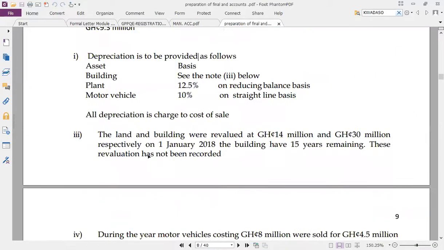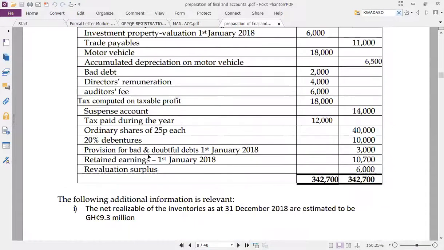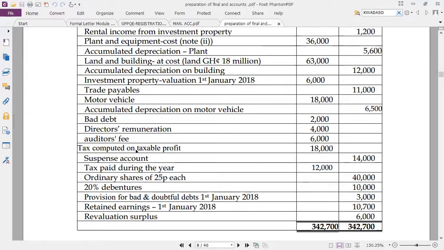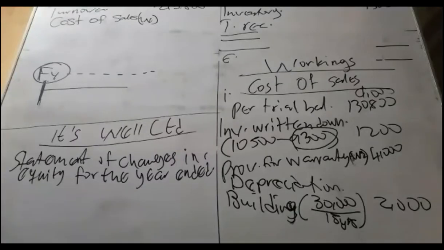So let's go to the trial balance and locate the cost of the plant and the accumulated depreciation of the plant. For plant and equipment, the cost is 36,000 and accumulated depreciation is 5,600. So the depreciation charge for the year will be the 36,000 less the 5,600, times the 12.5%.